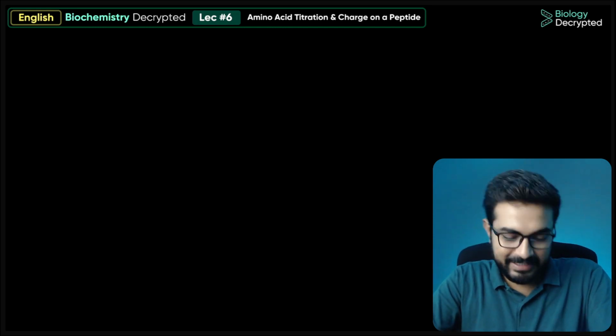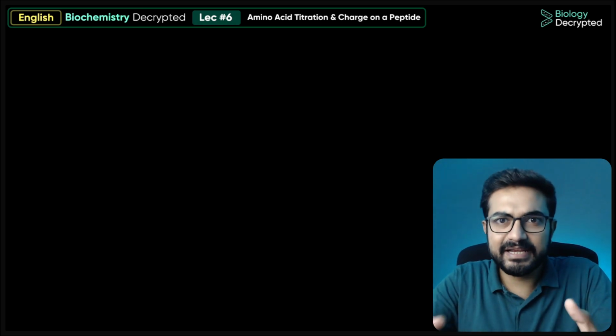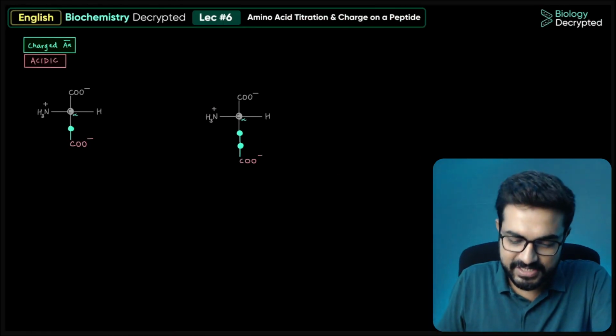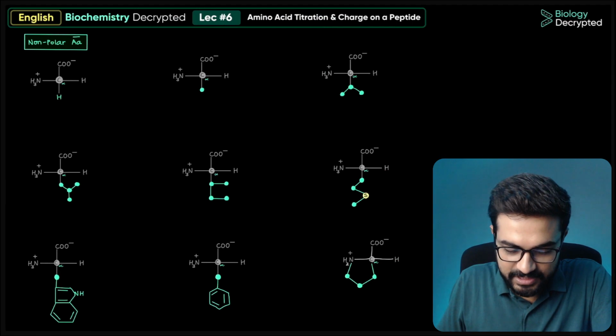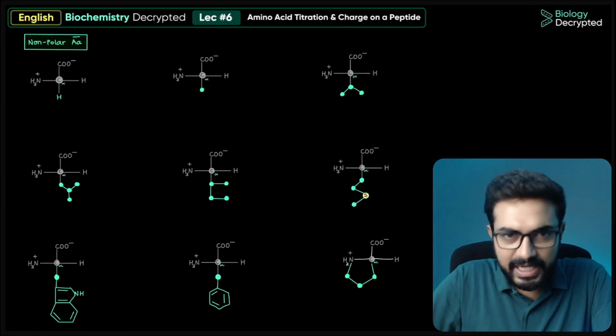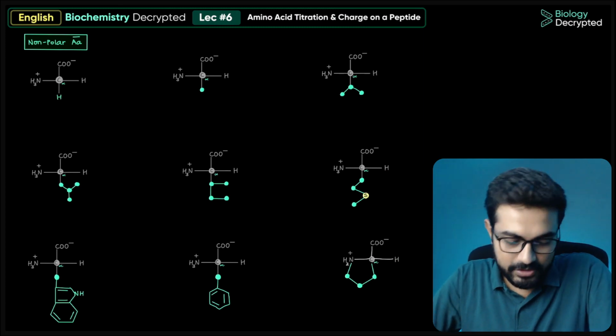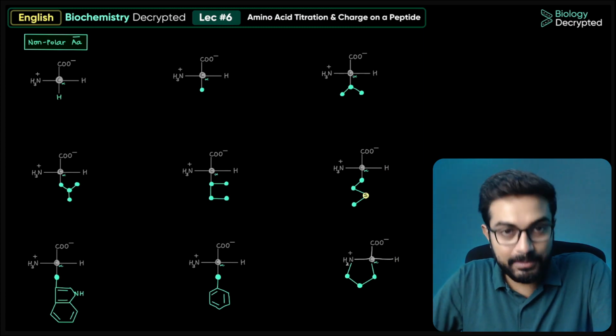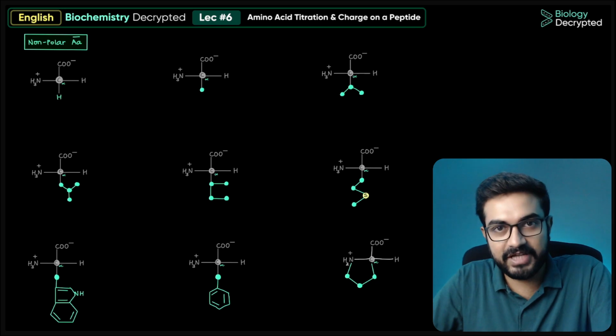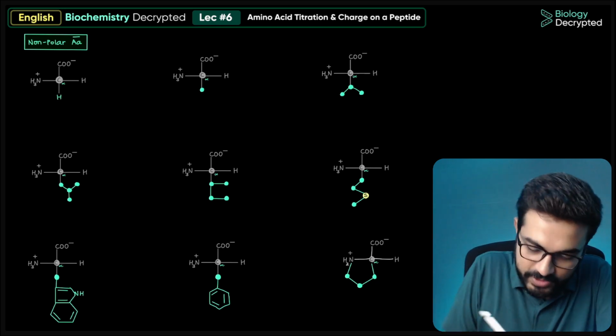Now let's start. Let's talk about amino acids and revise all the structures of amino acids which you learned in the previous lecture. I hope now you can draw all these structures on your own, and tell me the name of these amino acids just after having a look. Which amino acid is this one?